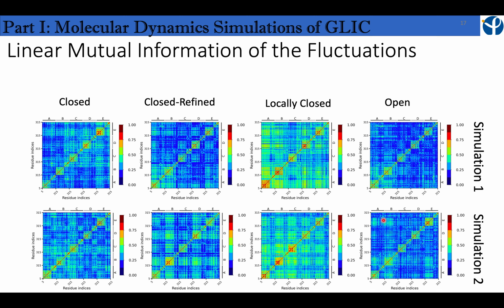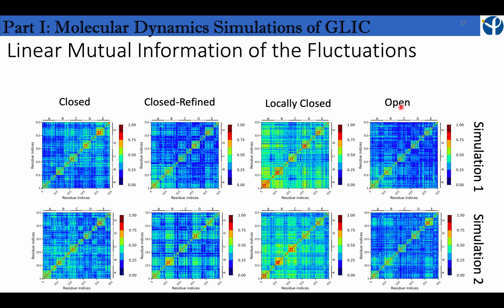One particularly important result of the LMI maps, as you can see, is that locally closed states have brighter colors, and of course more red colors also. So linear mutual information is higher in the locally closed state.